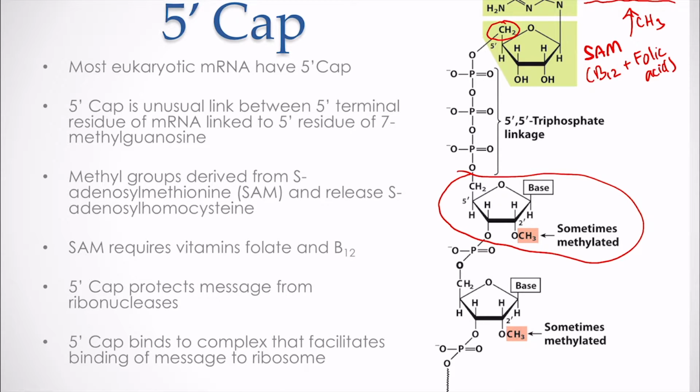And so again, this is another point where SAM is going to be very important. And SAM is S-adenosyl methionine, so it also needs methionine, and is going to be very important in providing the caps to protect the 5' end of our messages. Now, the whole purpose of this 5' cap, again, is so that the message doesn't get degraded by enzymes in the actual cell.